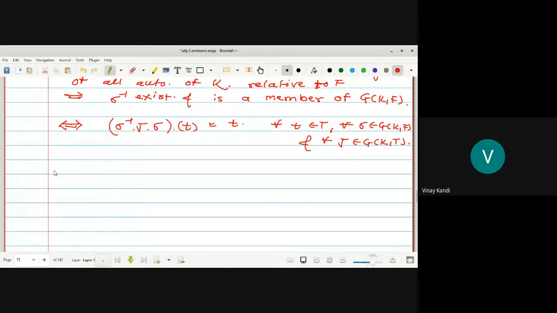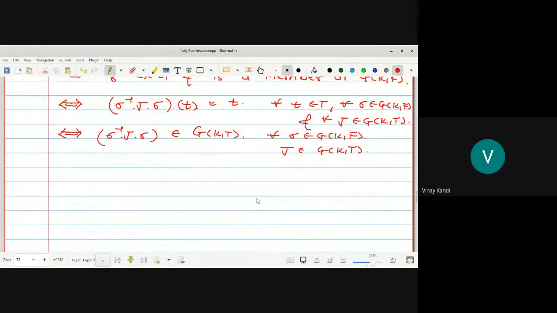So this implies sigma inverse J sigma belongs to G(K/T), for all sigma belongs to G(K/F), and for all J belongs to G(K/T). Any doubt? Okay. So X inverse is equal to H.